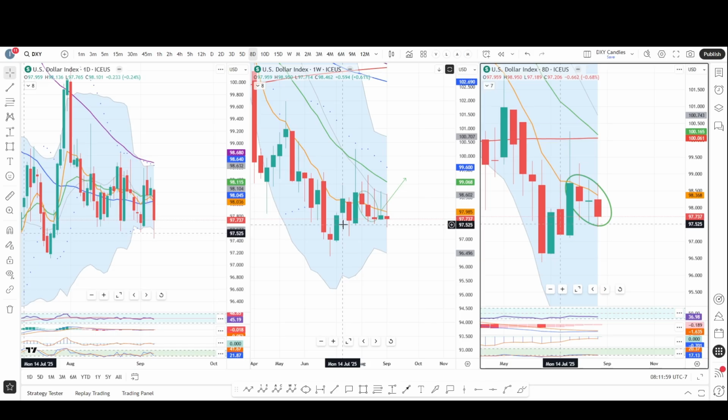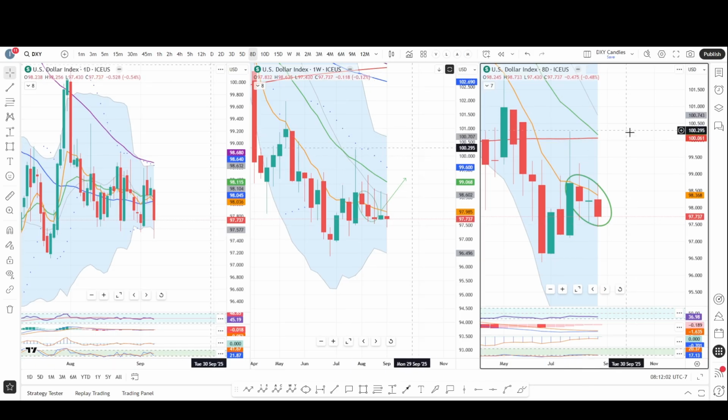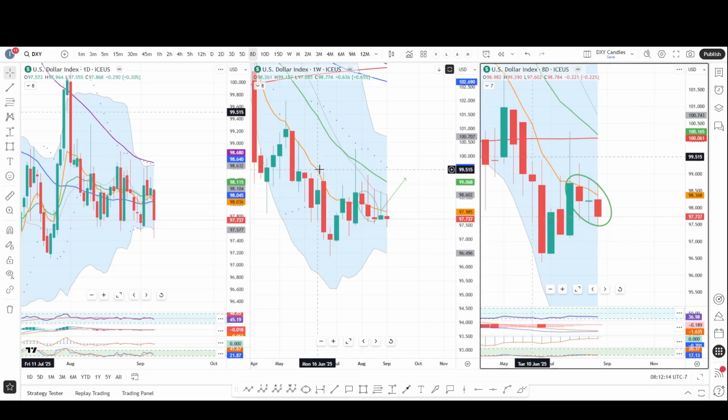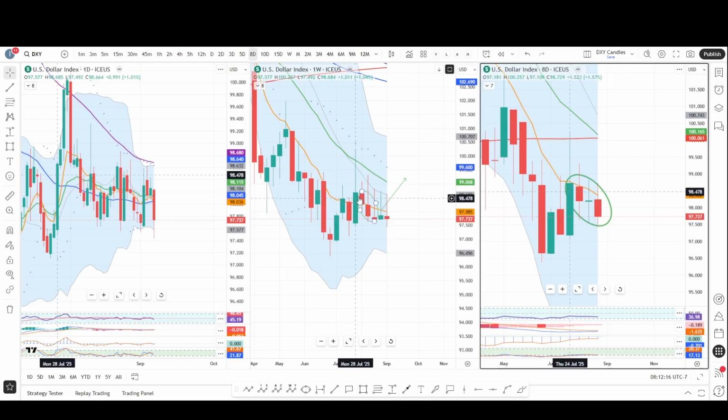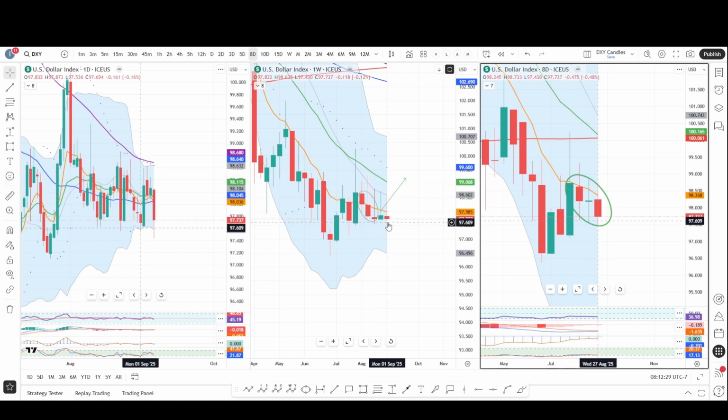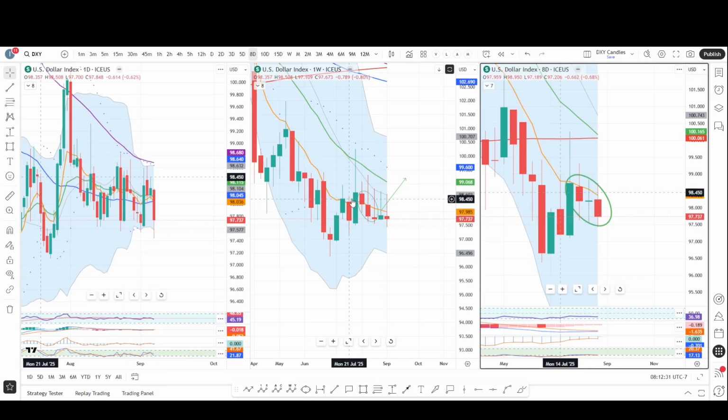However, if we look at the weekly frame and the 8-day frame, which also closed on Friday, we cannot say precisely that we see a very strong move downward. So most likely the dollar is forming a bottom, and for example, this big green candle on the weekly frame, which was formed at the end of July, is still in play, and 5 weeks later, the dollar wasn't able to overcome the bullish odds from this weekly candle.